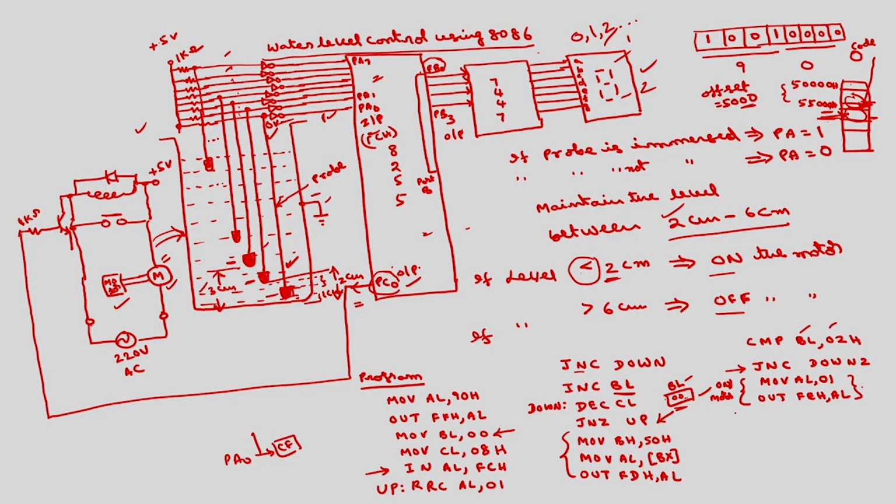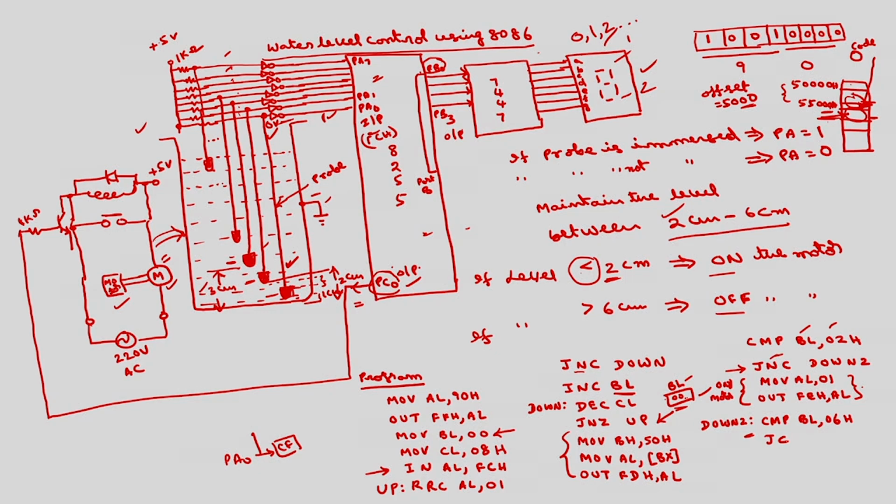If this is not true, then you have to go for down, where you have to check for the upper limit. So the upper limit is 6. So compare BL comma 06. Now if it is greater than 6, I have to off the motor. So for that you have to write jump on carry, because here I have to check the less than condition, here I have to check the greater than condition. So I have to write jump on carry.